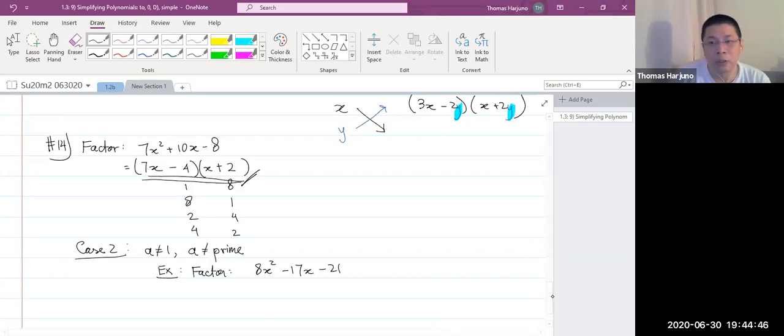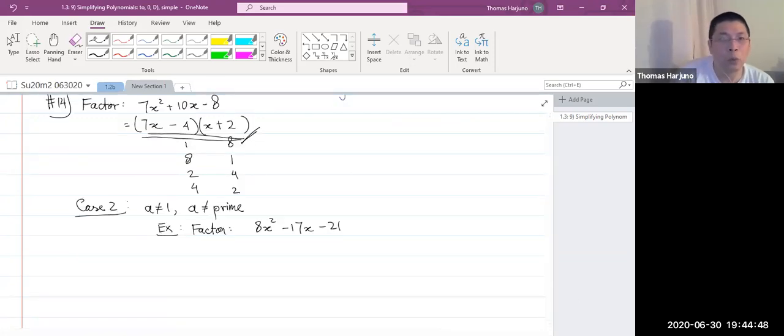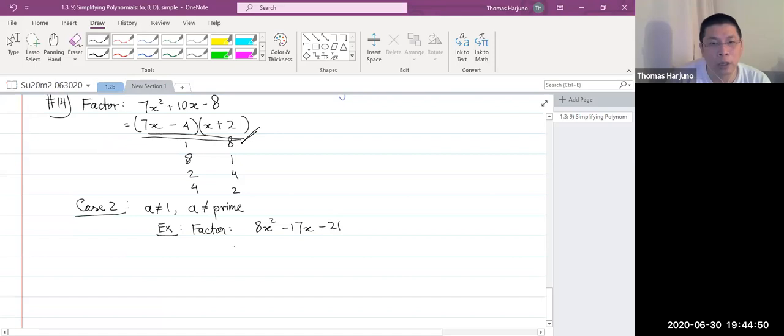Okay, now the thing with the situation when the leading coefficient is not prime is that we have more than one possibility for this 8x squared. That 8 is not prime. So it's either 8x and x or 4x with 2x, but no other way, right?